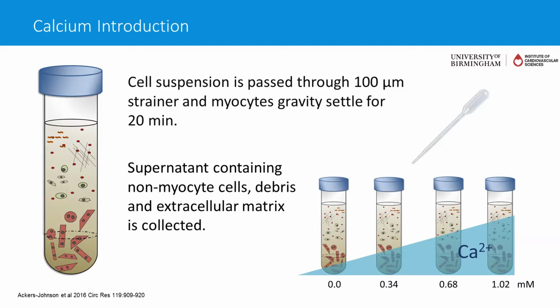Yeah, that's right. Another thing I use, rather than the 15 mil Falcon tubes now, is the 10 mil or 15 mil mini prep tubes, the ones you often do your bacterial mini preps in.